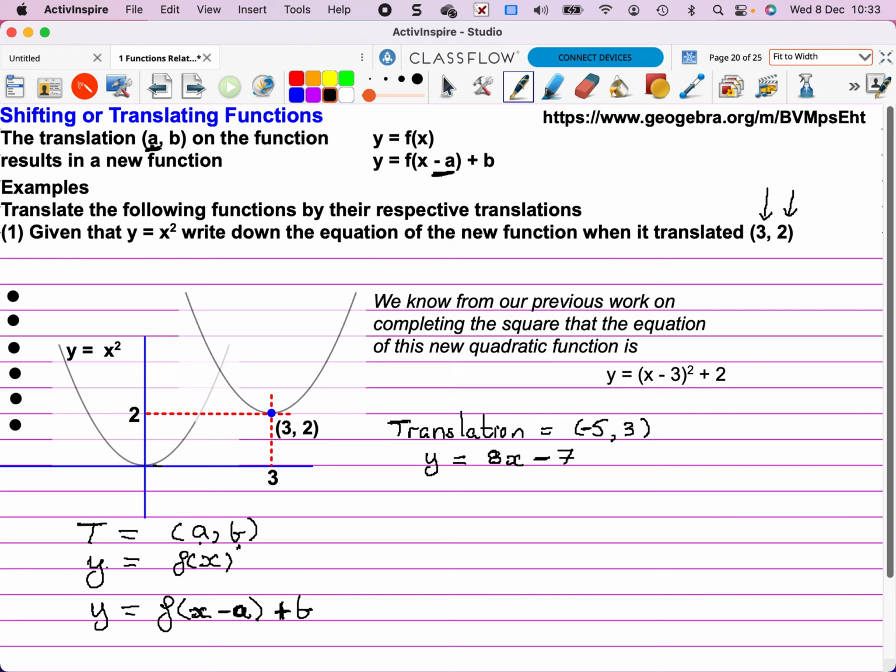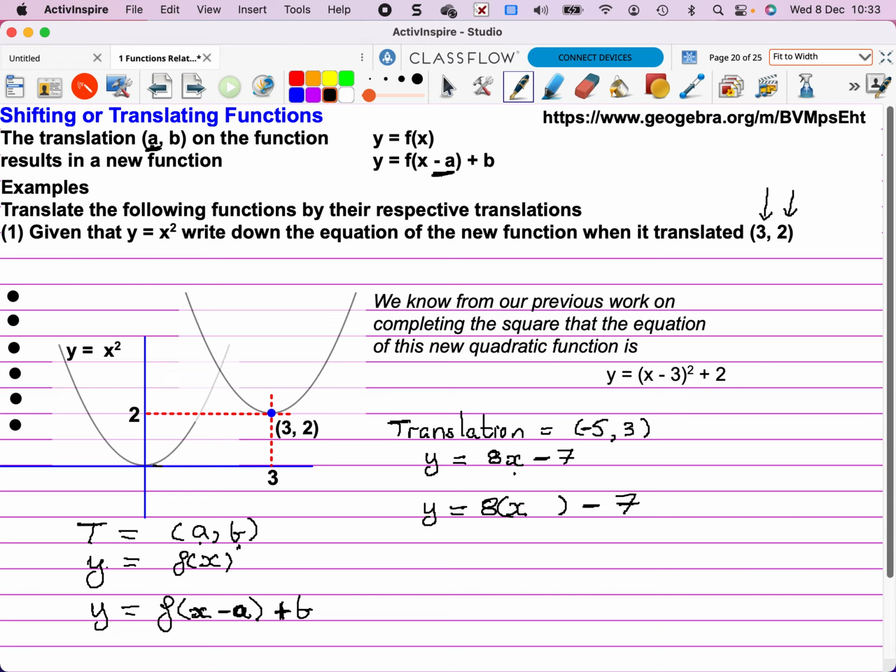So in the context of this problem here, where is the x? Well, there's the x. What do we do with that x? We replace it with a slightly larger empty bracket, and then everything else is written down as per normal. So where we had 8x minus 7, we've now got 8 empty bracket minus 7. Inside that empty bracket, we put the x back.